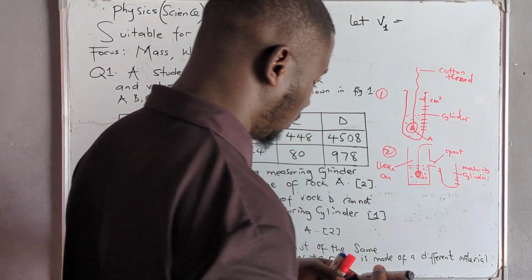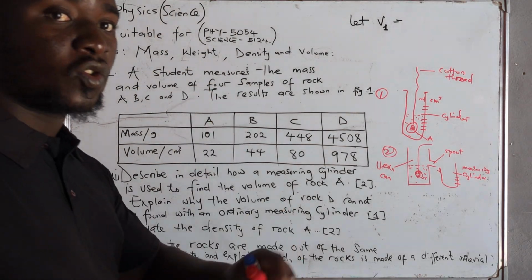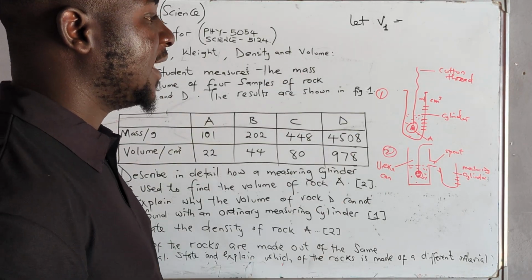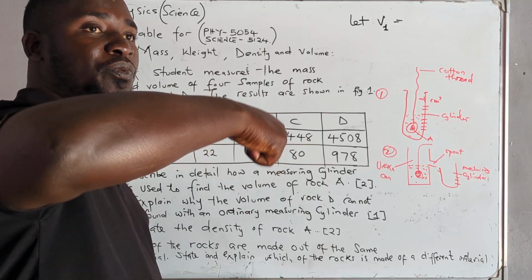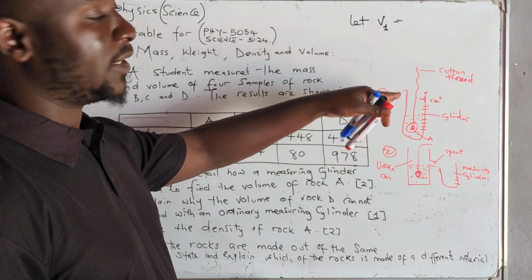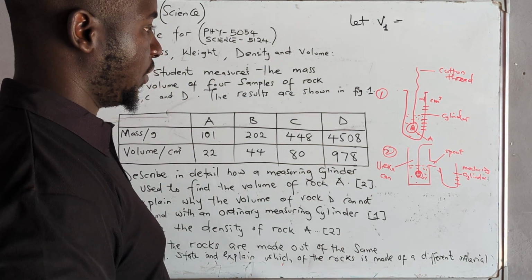That's the first step. Secondly, you get a stone and tie it with a cotton thread. Then you lower it steadily so that you avoid the water splashing, because that may distort your results.